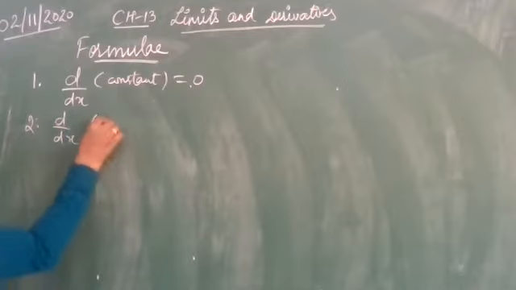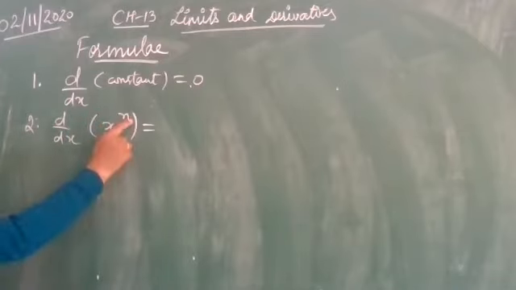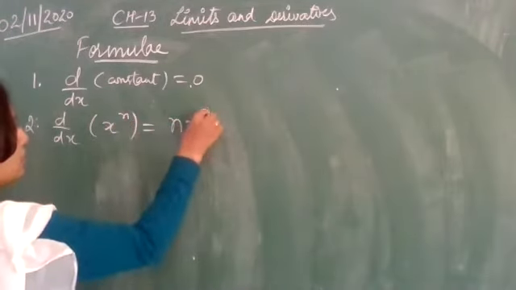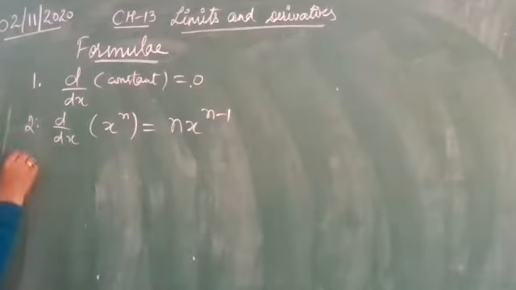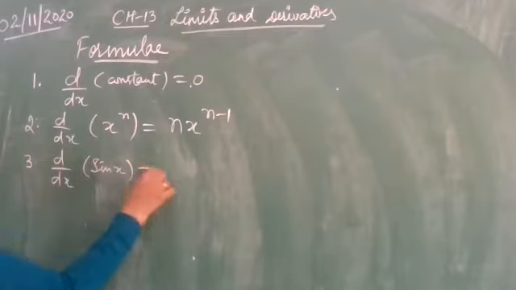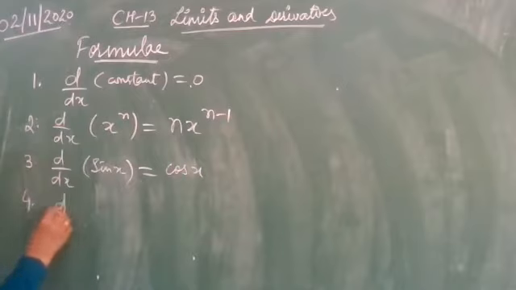Derivative of a function of the type x raised to the power n, that is, variable raised to any power, is n x^(n-1). Then the derivative of sin x. These formulas you have to learn because we have to apply them directly.